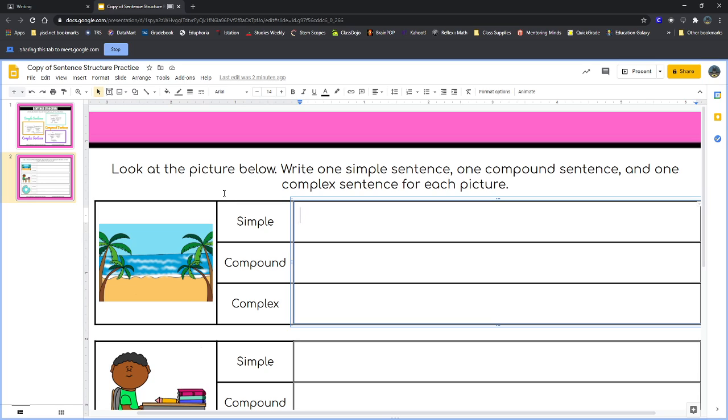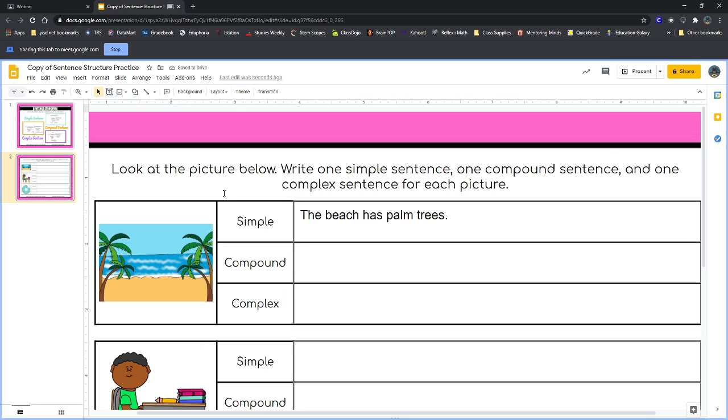Okay, so our simple sentence could just be, the beach has palm trees. That's a simple sentence. It's just giving us information. The beach has palm trees.